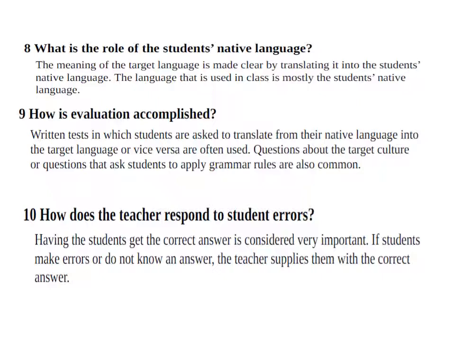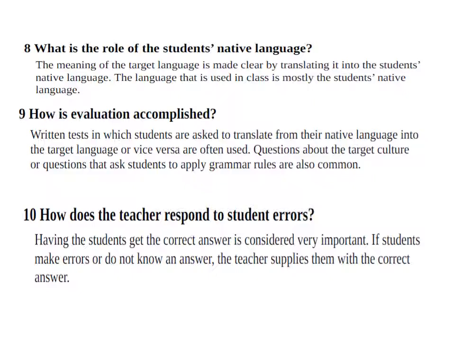What is the role of a student's native language? When we teach English, we need to know exactly if the teacher or students are allowed to use the native language in the class or not. According to the grammar translation method, the student's native language is used during instruction in the class.